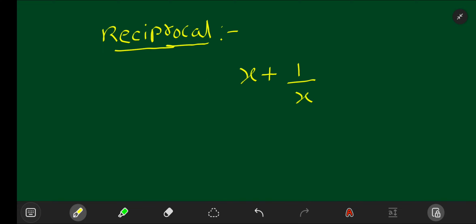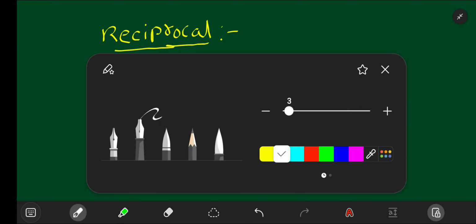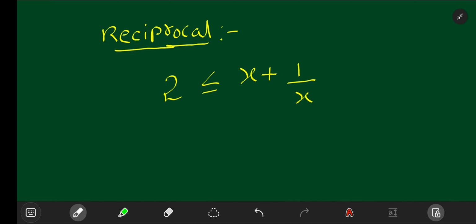Its minimum value is 2. 2 is the minimum value of this algebraic expression, x plus 1 by x. If x is equal to 1, then it is 1 plus 1 by 1, that is equal to 1 plus 1, which is 2. So its minimum value is 2.